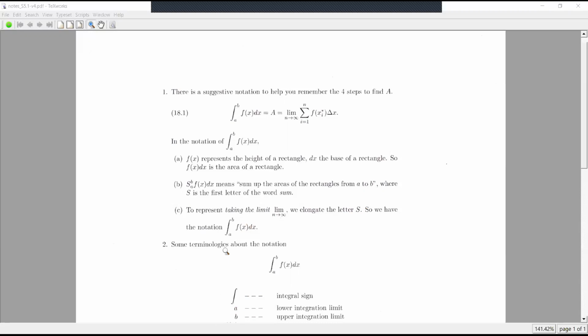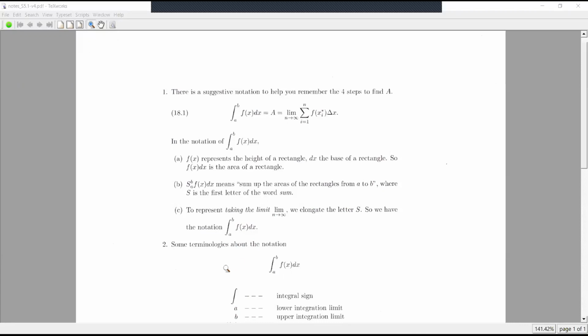So we get this notation. So this notation is suggestive. When you look at this notation, you can remember the 4 steps to find the area of a region between a curve and the x-axis between a and b.